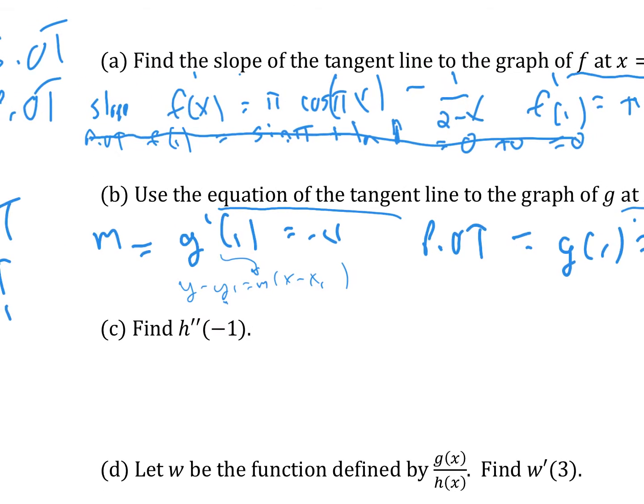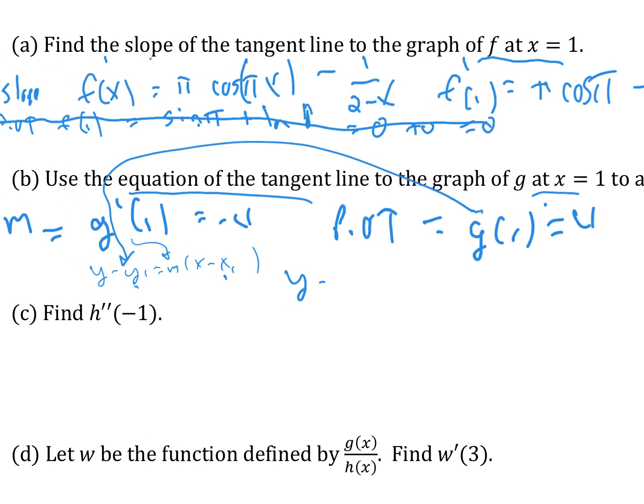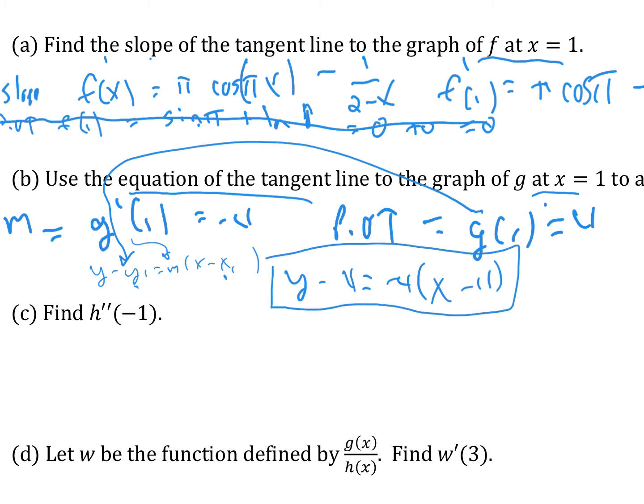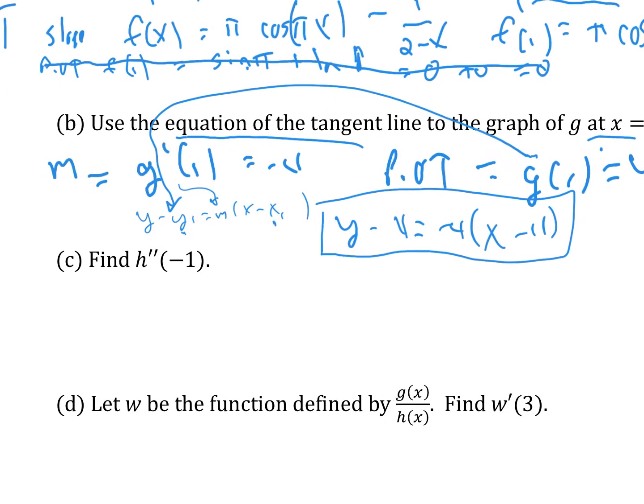G prime of 1 is right here. My x1 is the x that I was using, which was 1. So that's going to give me y minus, my point of tangency was 4, my slope was a negative 4, and x minus 1. I literally would leave that answer and not solve it for y, because if you make a mistake, you're going to pay the price. That's an equation of the tangent line.